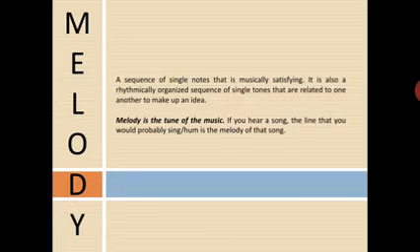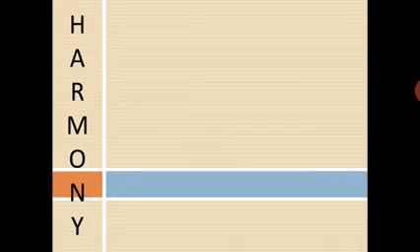It's also a rhythmically organized sequence of single tones that are related to one another to make up an idea. Of course, melody is also the tune of a song. If you hear a song, for instance, the line that you probably will sing or hum is the melody of that song. So every song has a melody.